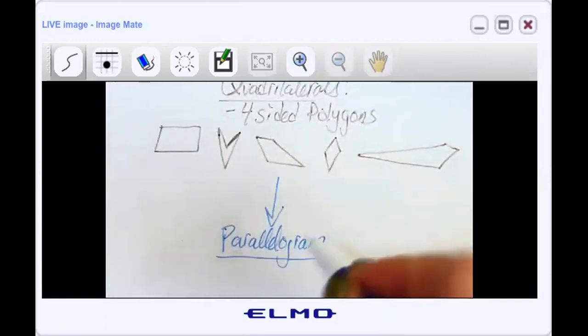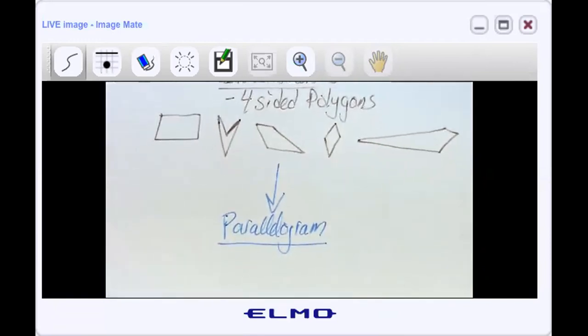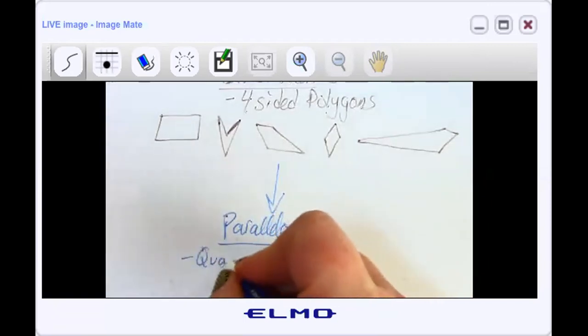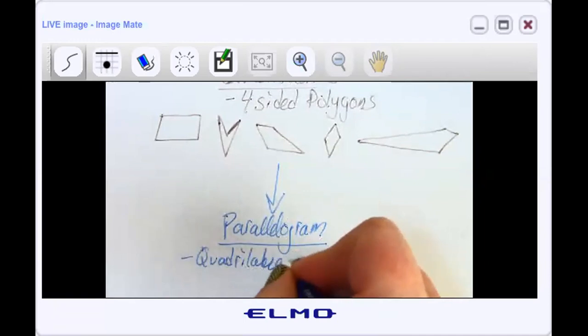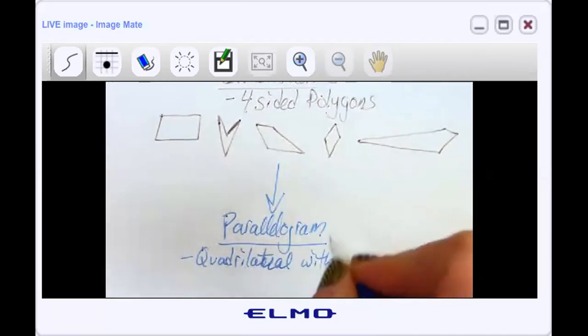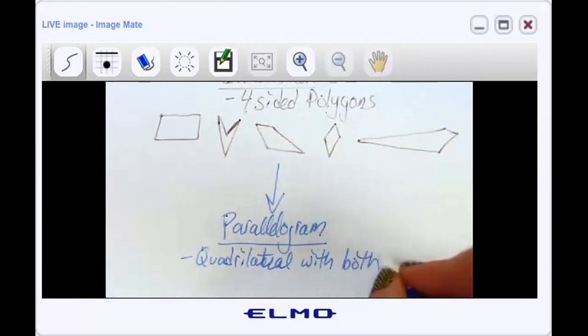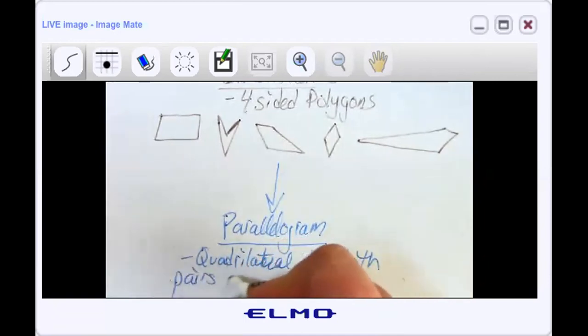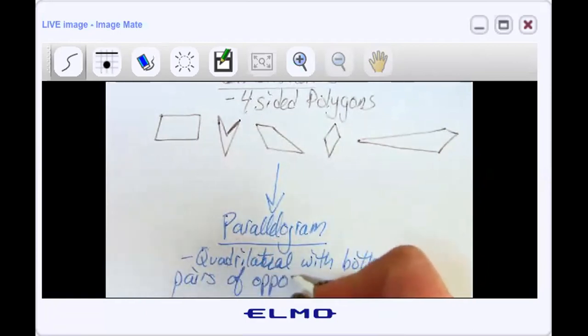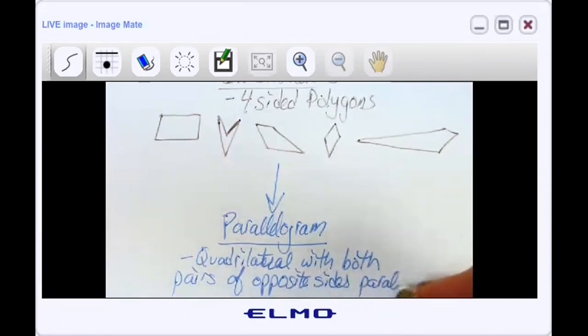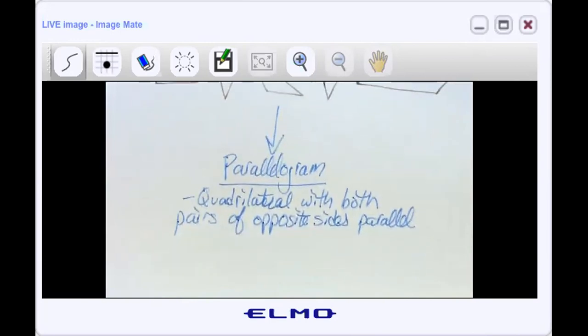So a parallelogram has to be a quadrilateral with both pairs of opposite sides parallel. So that's what's most important about a parallelogram. You have to have both of your opposite sides be parallel to each other.